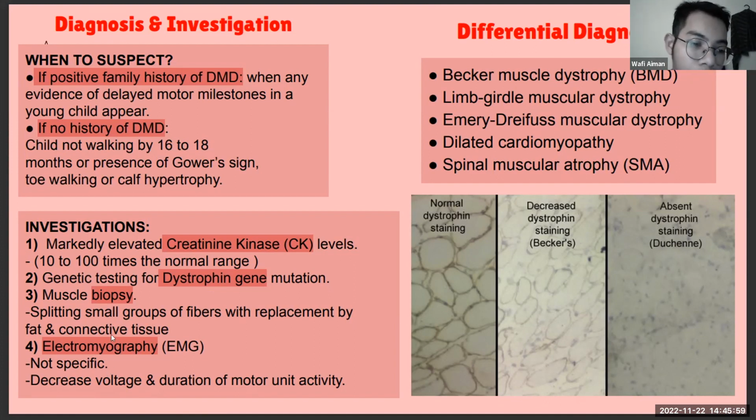And then we can also do electromyography. If it is not DMD, we can look for other differential diagnoses that can be present in the patient other than DMD, for example, Becker muscular dystrophy, limb-girdle muscular dystrophy, Emery-Dreifuss, dilated cardiomyopathy, and spinal muscular atrophy.